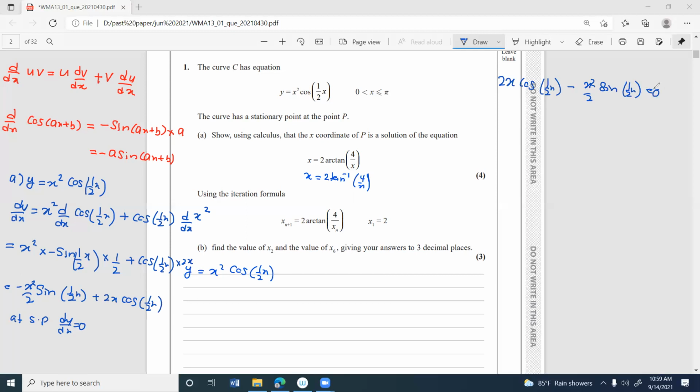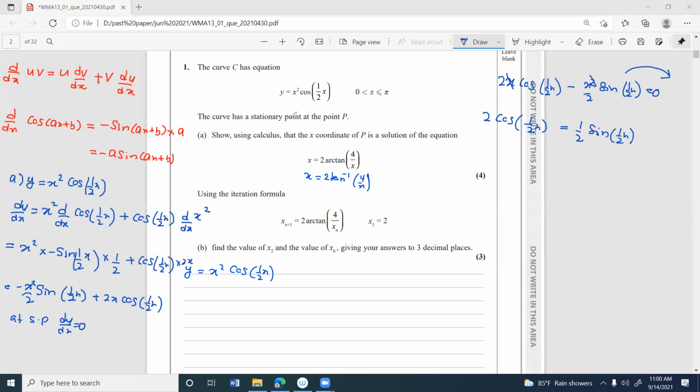So I want to make it some kind of equation in terms of this. Here they have given x is not equal to 0. Therefore, I can cancel one x with the x over here and take this term to this side. The point here is since x is not equal to 0, you can cancel out. Other than that, you cannot do it. 2 cos half x is equal to x over 2 sine half x.